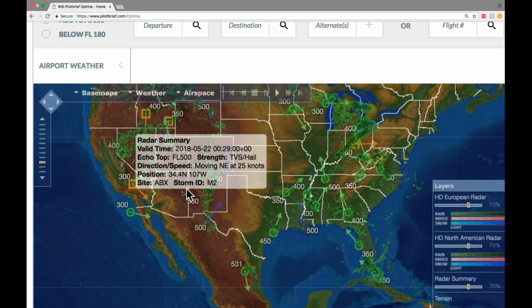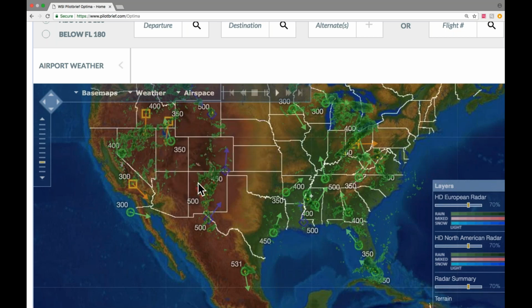So this right here, TVS, that's talking about there's rotation building in this storm cell.